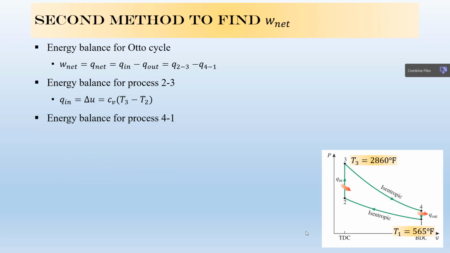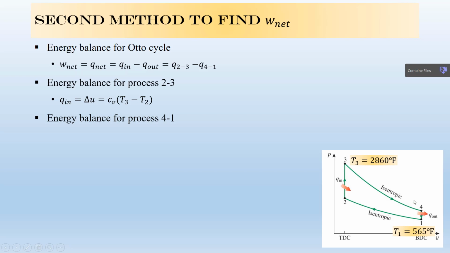If you write the energy balance for process 4 to 1, again, this is a constant volume process. There is no electrical work, no W shaft, and the boundary work is also 0 because the volume is constant. So you can write Q net equals the delta U. What is the Q net? Q net is Q in minus Q out.